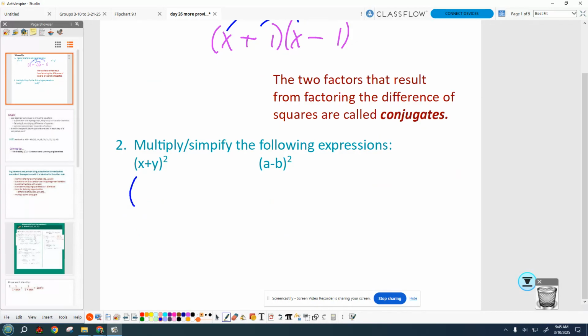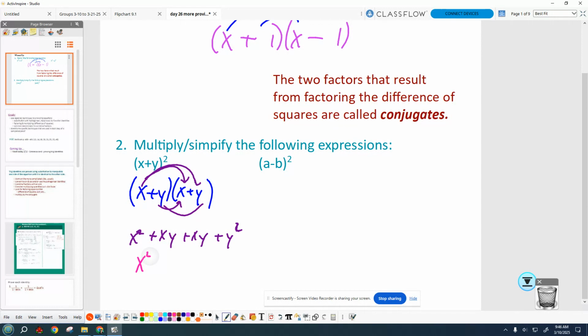Keith, what do I get when I do x plus y times x plus y? First times first, x squared, outside times outside, plus xy, plus x times y, and then inside times inside. Jackson, how do things combine? X squared plus 2xy plus y squared.